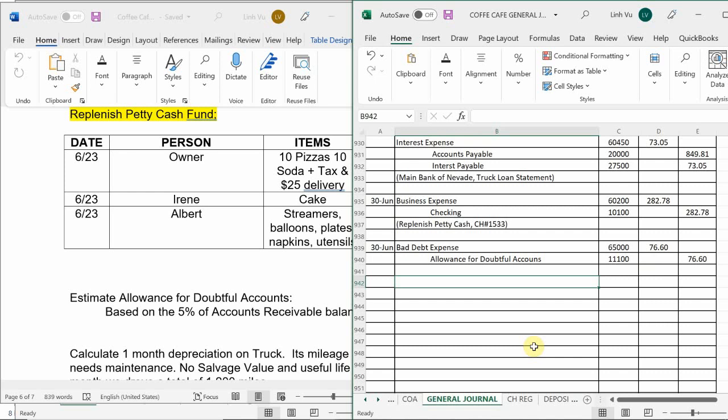If you just put estimated allowance of doubtful. Sure. Which is going to be 5% of accounts receivable. Good.